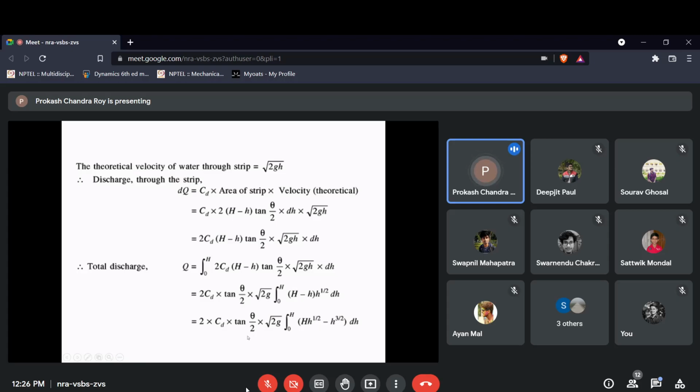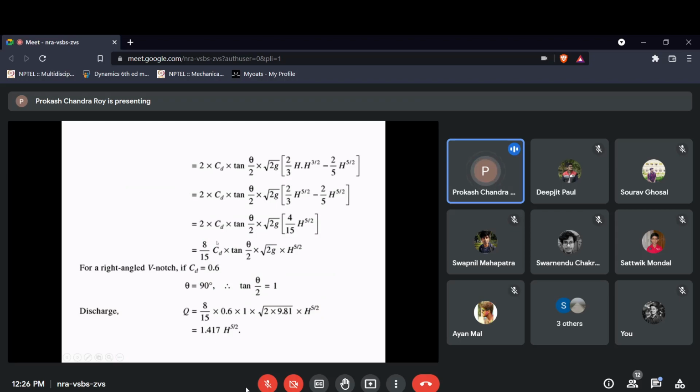Finally, you do the integration and get a similar type of equation, but here Q is directly related to the height h to the power 5 by 2. If you know theta and the other components, Q can be estimated directly by measuring h.